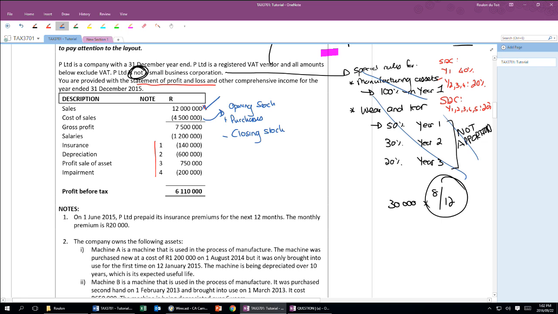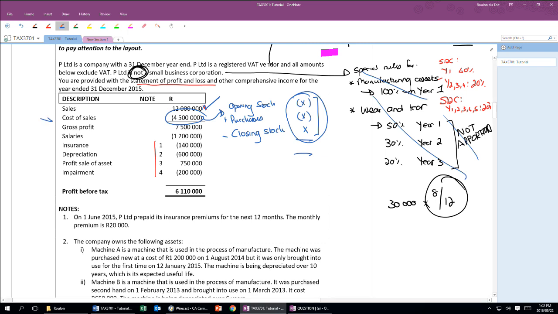Now, when you're looking at income tax, opening stock is allowed as a deduction, purchases are allowed as a deduction, and closing stock must be added back. So what are we saying here? That the cost of sales amount for income tax and the cost of sales amount for accounting are mostly calculated in the same way. There are some differences, but they are mostly calculated in the same way.